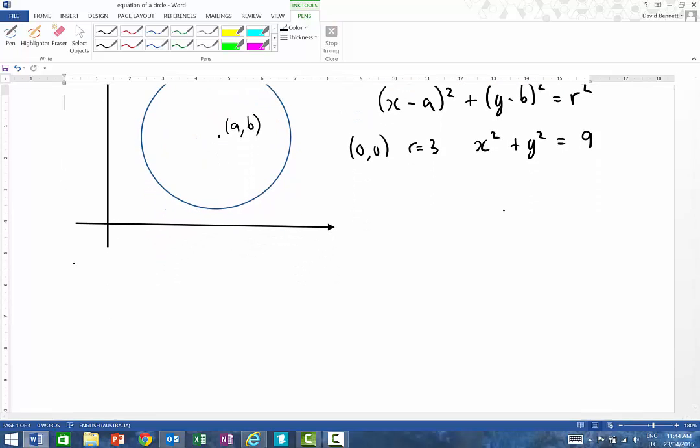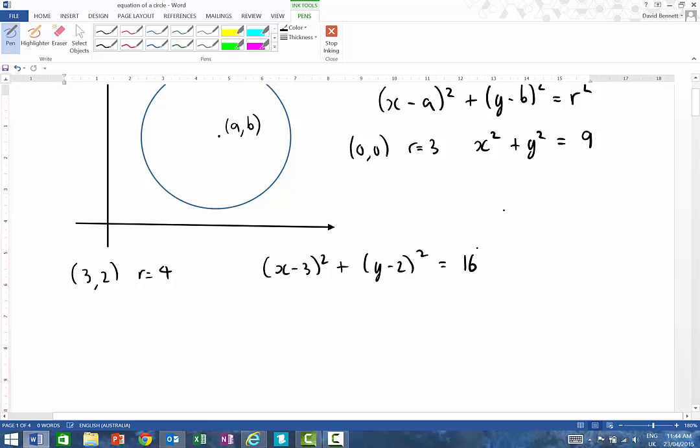If I have a centre of, say, (3, 2) and a radius of, say, 4, then my equation is going to be (x − 3)² + (y − 2)² = 16.